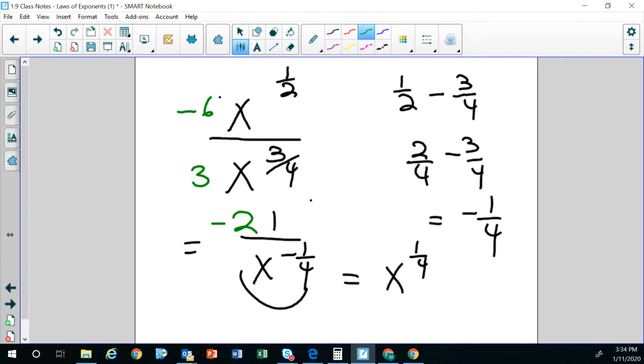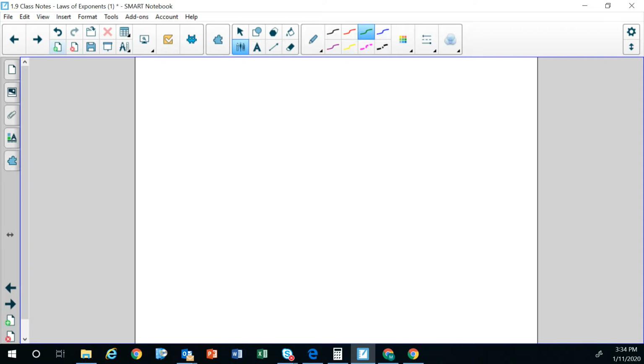All right, so that was dividing. Let's look at a fraction raised to a power. Let's go with x to the 3/4, raised to, let's go with 2/3.